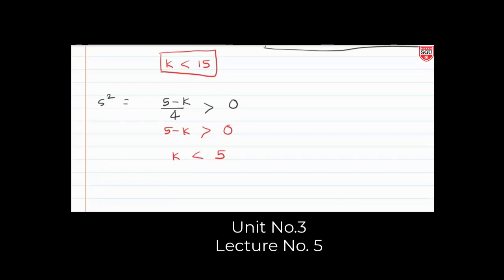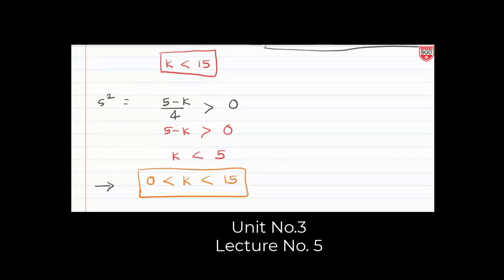Means it is coming again less than 15. So at the end, what should be our answer as a conclusion? The value of K should be greater than 0 and less than 15. So this will be our concluding remark.